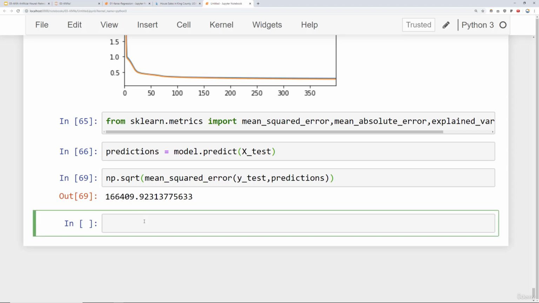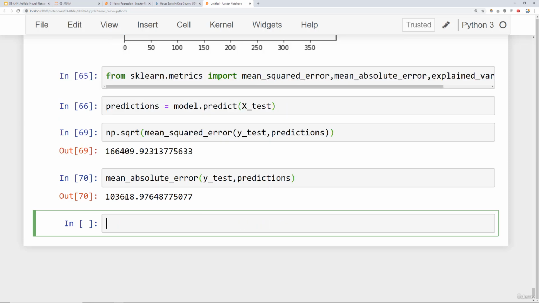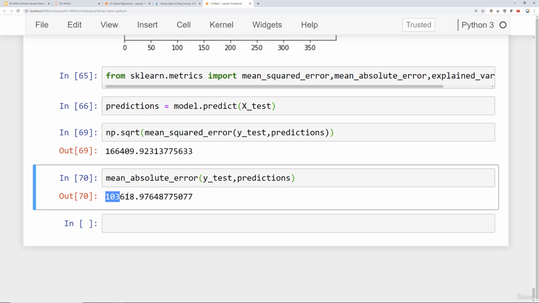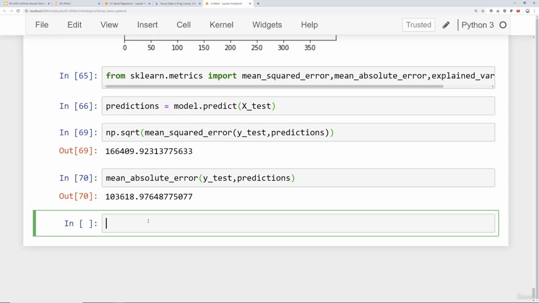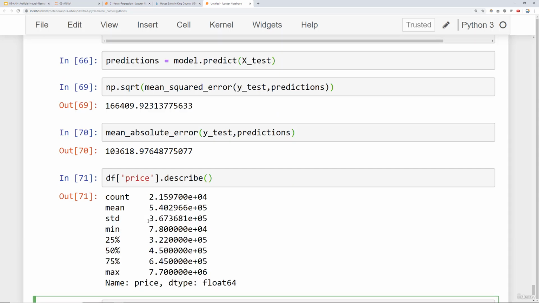Or we can also get the mean absolute error. Mean absolute error is really easy to interpret because it's essentially just your average absolute error across all your predictions. So we can say y_test versus predictions, and it looks like our mean absolute error is about $100,000, so on average we're off by about $100,000. Now is that good or is that bad? Again, we have to take into account the actual data frame itself. So we take our price column off the original data frame, call describe on it, and see what kind of values we're dealing with.